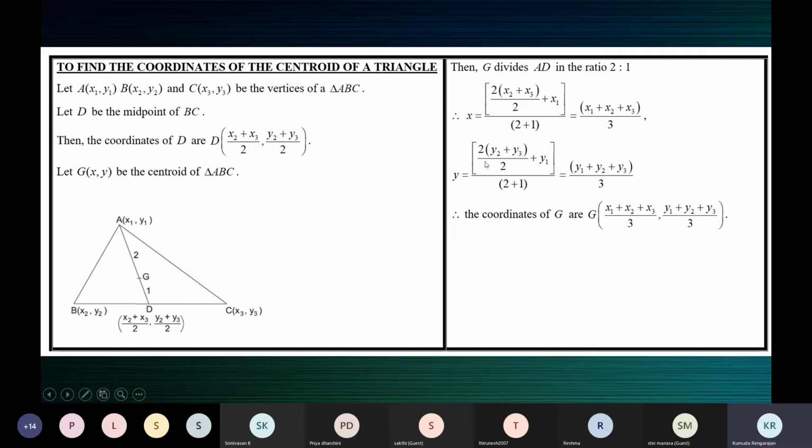So the 2 and 2 get cancelled, and you have y1 plus y2 plus y3 by 3.